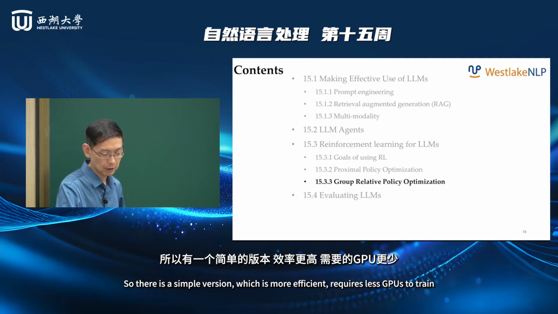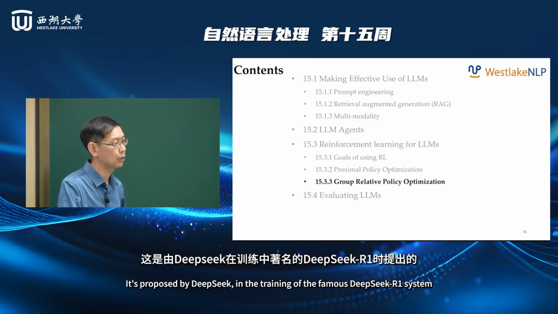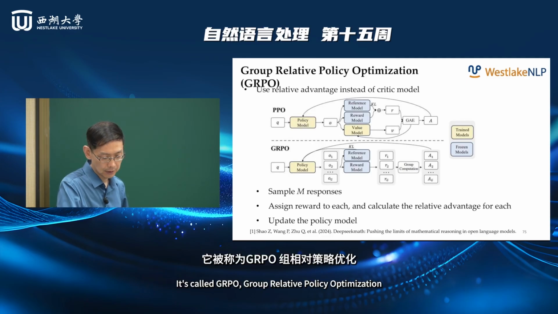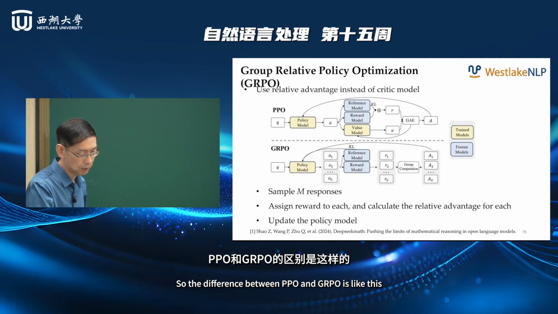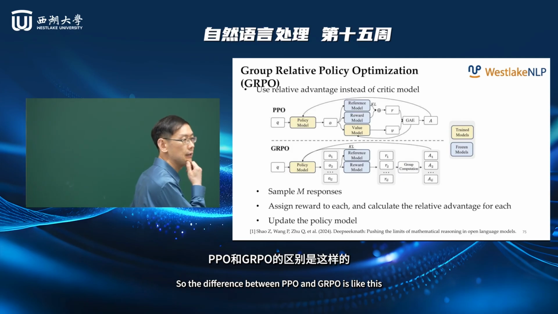So there's a simpler version, which is more efficient, requires fewer GPUs to train. It was proposed by DeepSeek in the training of the famous DeepSeek R1 system. It's called GRPO, Group Relative Policy Optimization. The difference between PPO and GRPO is like this.